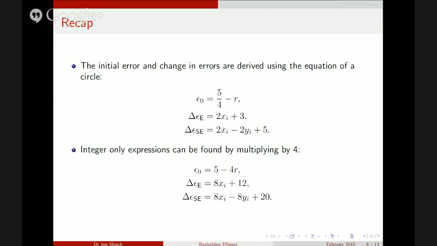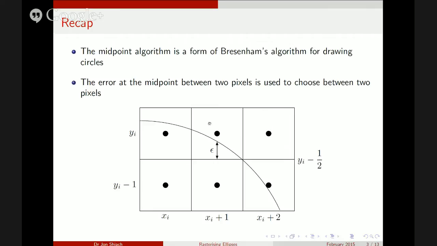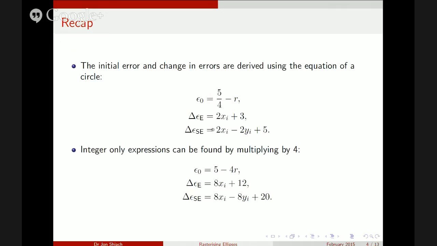We saw that if we use the Cartesian equation of the circle, we can derive an expression for the error. If we calculate the change in errors, the initial error is 5/4 minus r. If we choose the pixel to the east, which would be this pixel, we update the error by adding 2x plus 3 to it. If we choose the pixel to the southeast, we update the error by adding 2x minus 2y plus 5.